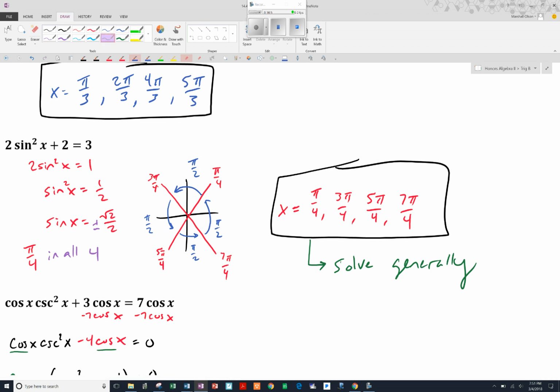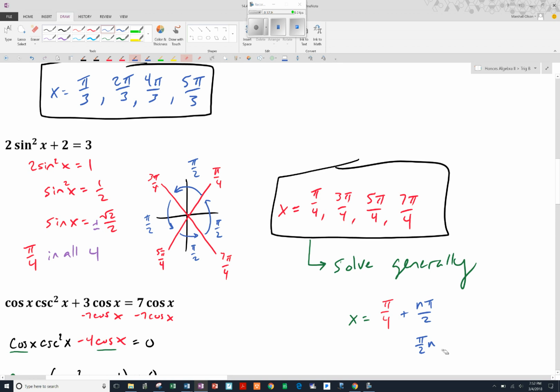So if we were asked to solve this generally, to find all the solutions, we could just say that x equals simply pi over 4 plus multiples of pi over 2. You could write that as n pi over 2. You could write it as pi over 2n.